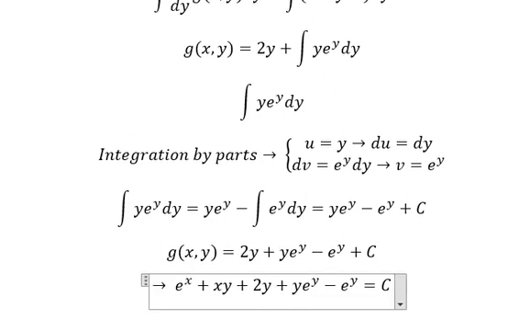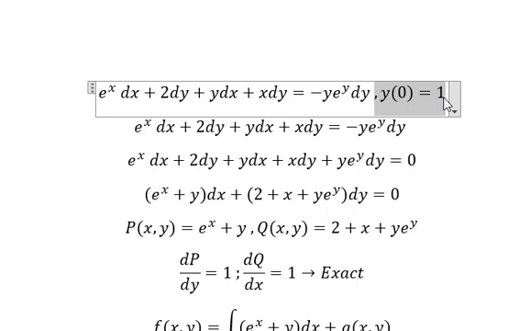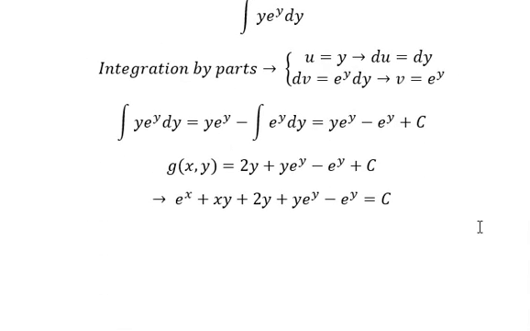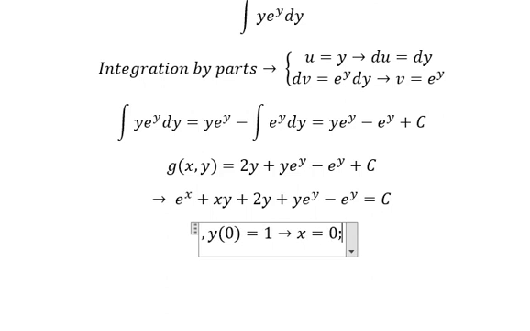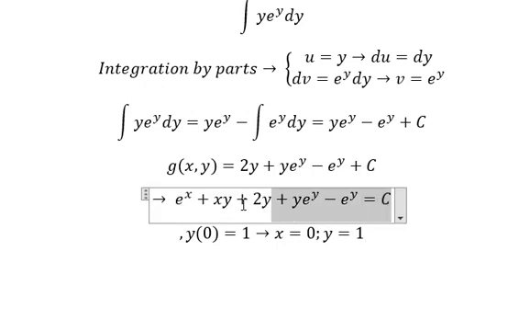Next, we have the conditions at the beginning. So that means x equals to number 0, y equals to number 1. So we can find the constant in here.